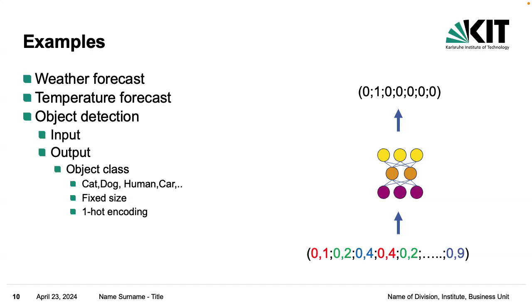Now it depends if it's a single class prediction, so you have only one choice, you would use a softmax activation so that the probabilities sum up to 1. If it's a multi-label problem, so that in the image there can be cats and dogs, then each of them would be a probability that this object is in there, and you have a probability for each of them. But you can easily encode them there.